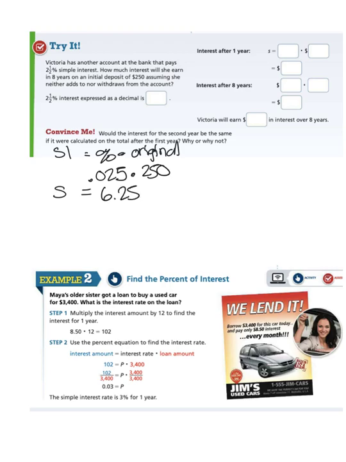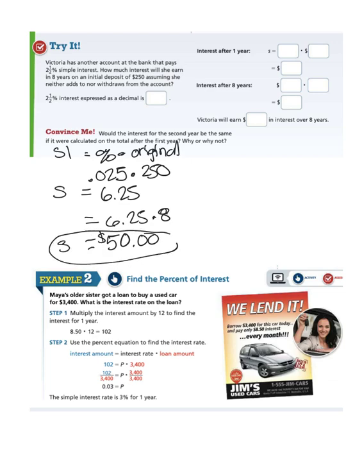If you did that, to find 8 years, you would take 6.25 times 8, which would give you $50. So you would earn a simple interest of $50 in 8 years on $250 at 2.5%.